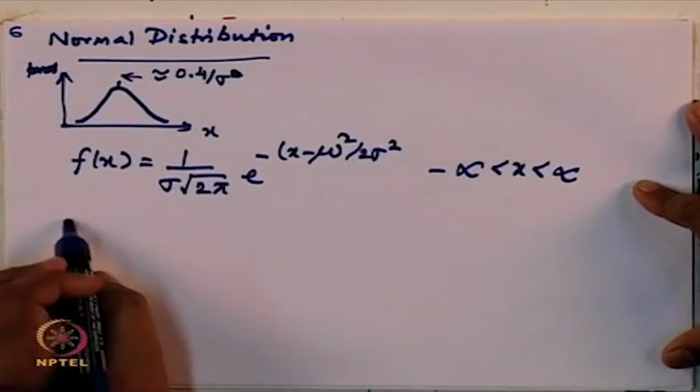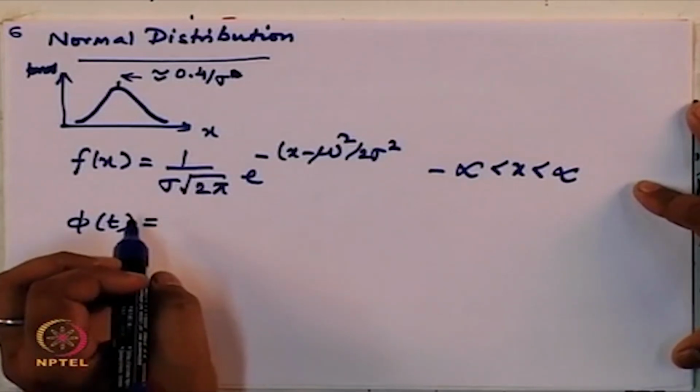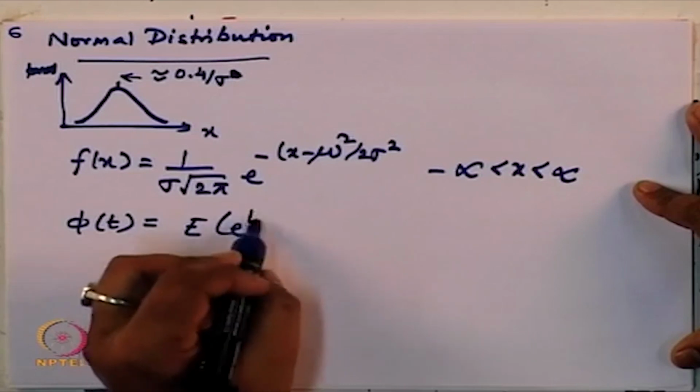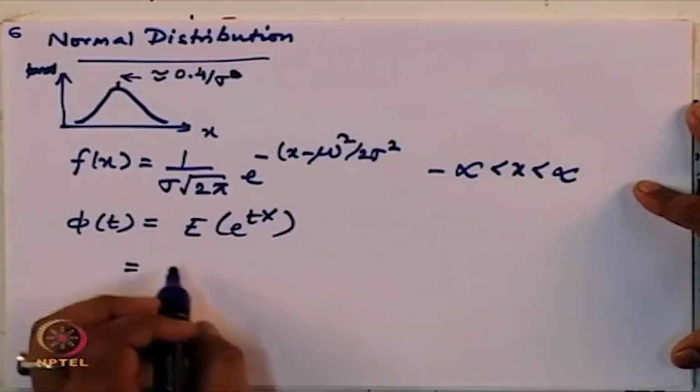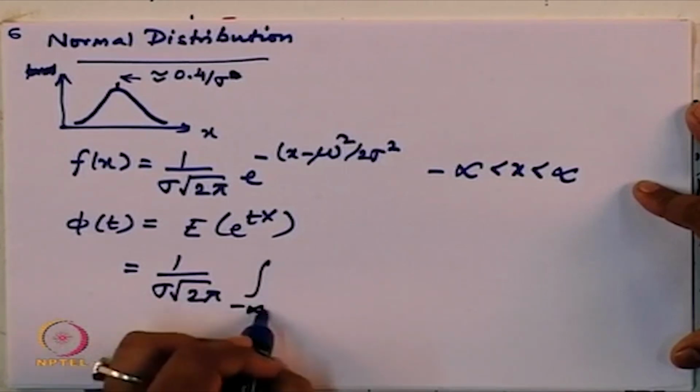For that, again we can use the moment generating function. This is equal to expectation of e to the power t x, and 1 by sigma root 2 pi I can take out as a constant.